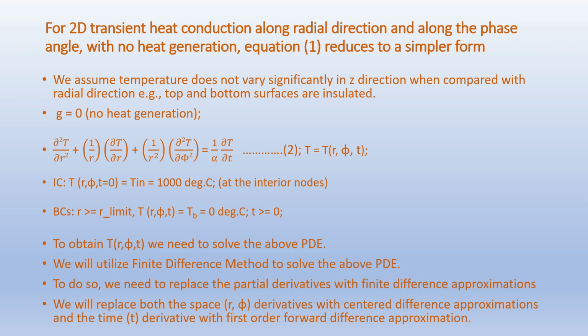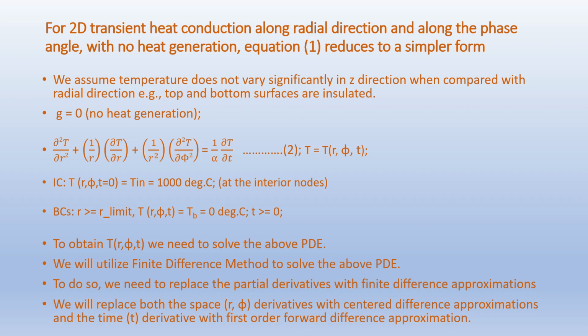When r is greater than r limit, T at r, phi, t equals T boundary, which is equal to, say, 0 degrees Celsius at time t greater than or equal to 0. Our interest is to obtain the temperature distribution T at r, phi, t, and to obtain it, we need to solve the above PDE.